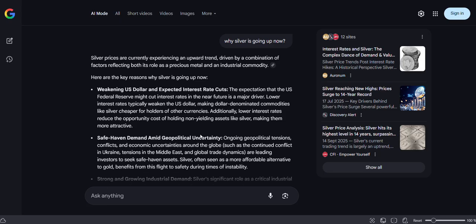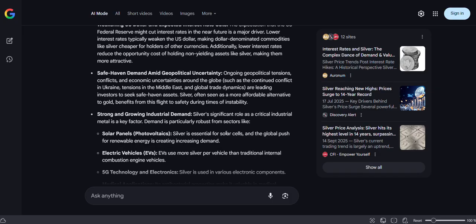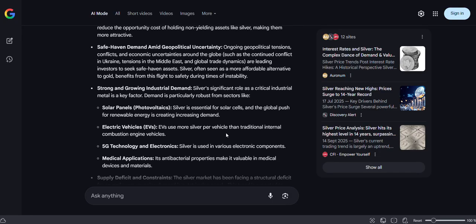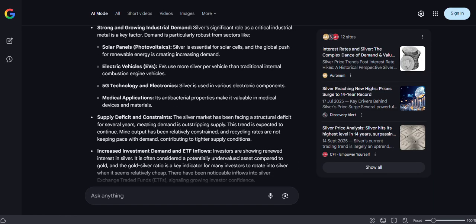And the third one is strong growth in industrial demand. Why? Because we are now using it in 5G technology, electric vehicles, solar panels, medical applications, and so on. So many electronics we are using. Due to which a supply deficit is there, which means supply is very less considering the requirement. So that is the reason it is increasing.